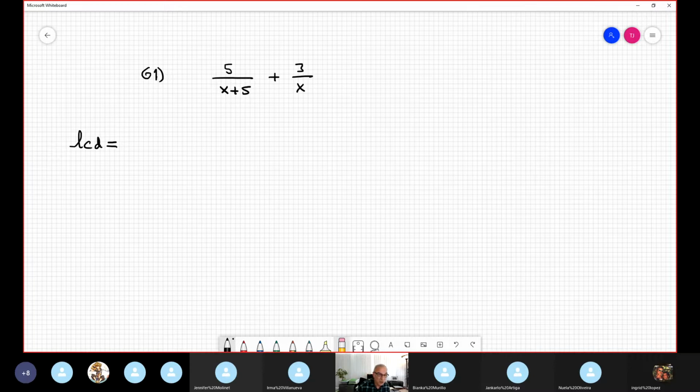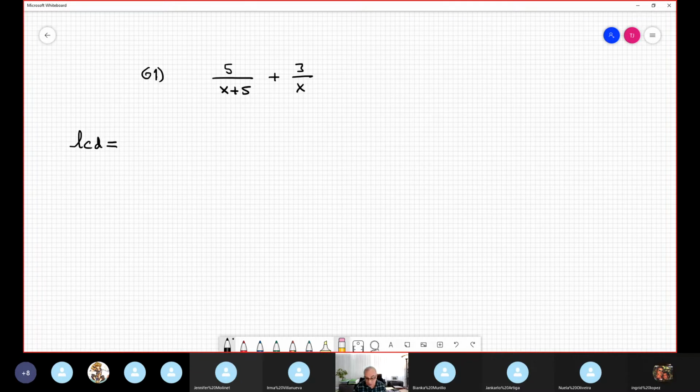I want to repeat one more time. What is the rule for finding the least common denominator? You break down the expressions, factorization. Now you take every factor, except when you have repetition, you take the majority.